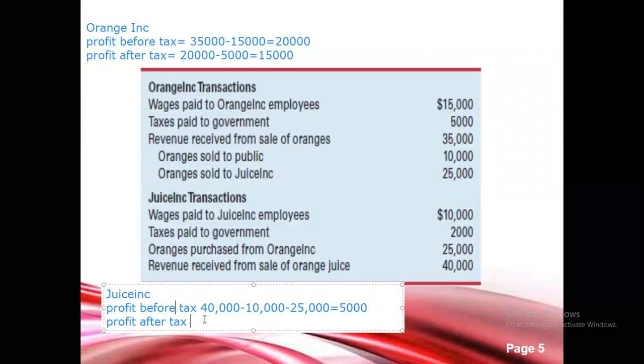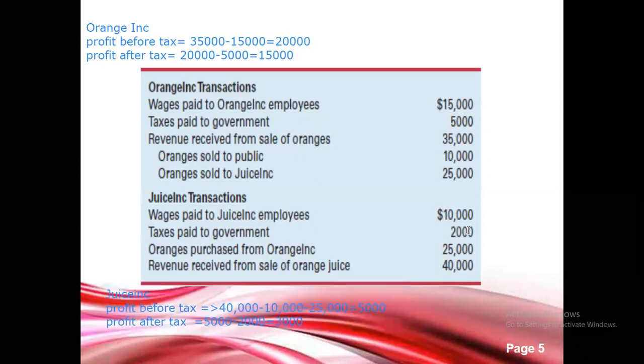So it's better if you write them down, so you can easily get what I am telling you later. If you subtract 2,000 from 5,000, you will get 3,000. This is the tax, the amount the company paid to the government. So 3,000 is the after tax amount, right?